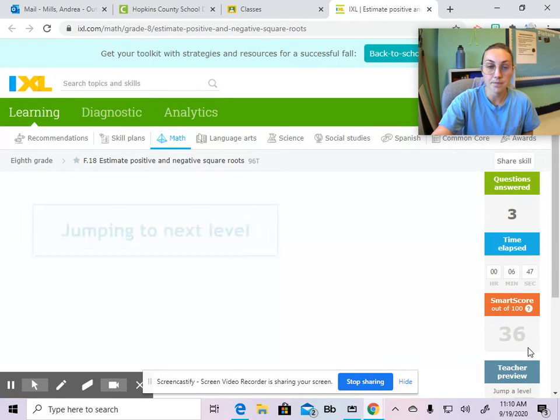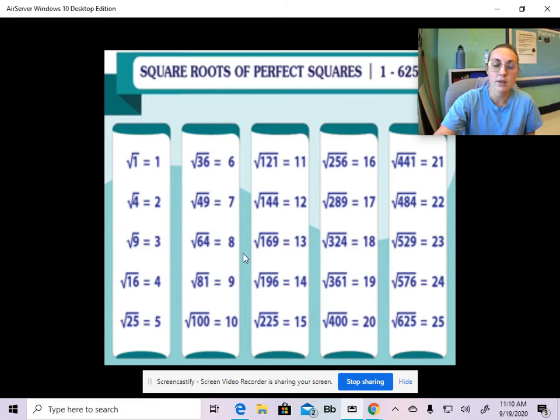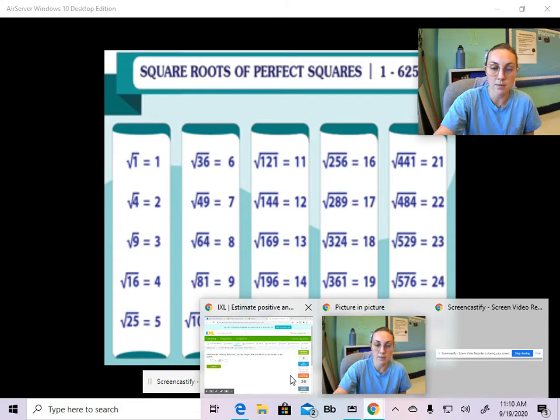Let's jump a level real quick. And this time you're actually going to be typing in the numbers. What is the negative square root of 76 in between? Let's go back to our notes then. The negative square root of 76 would be in between the negative square root of 64, which would be negative 8, and the negative square root of 81, which would be negative 9. So it would be in between those.